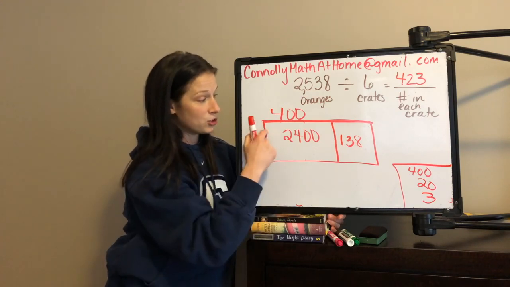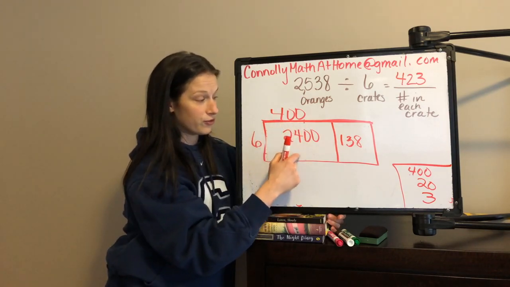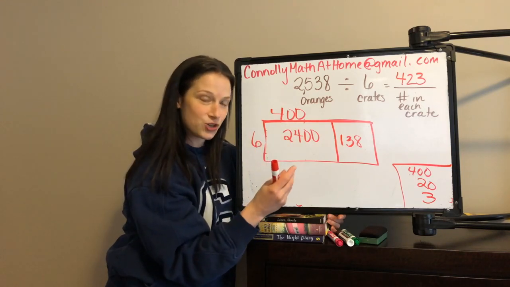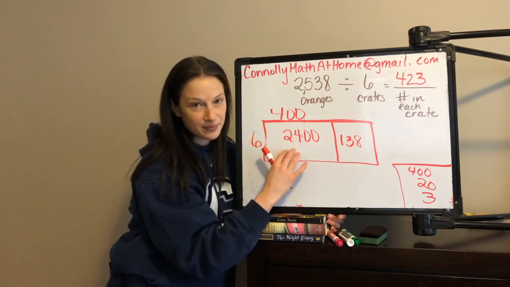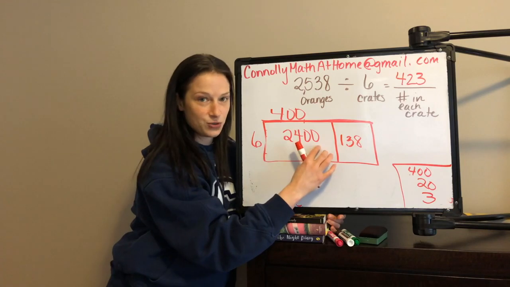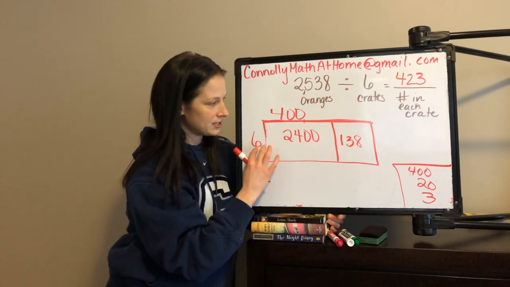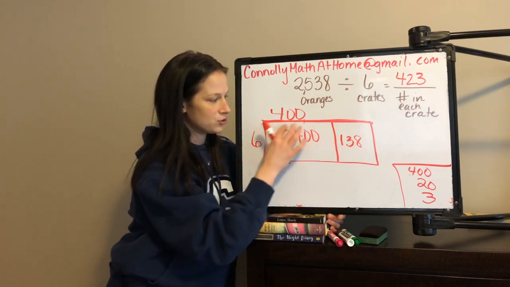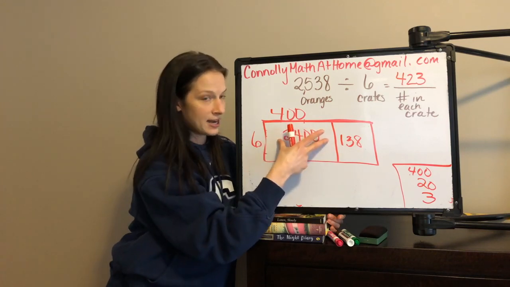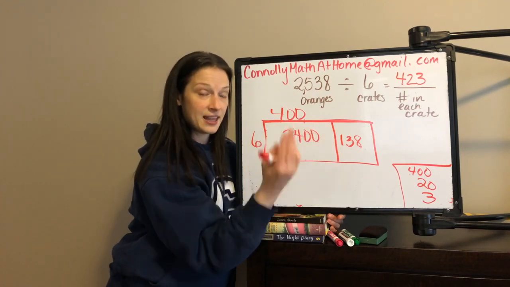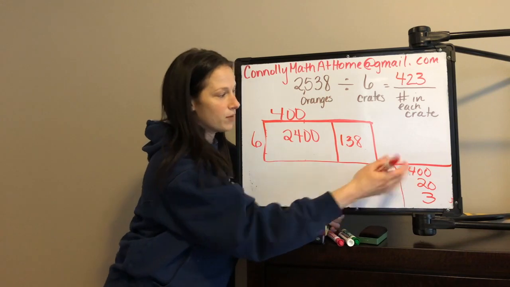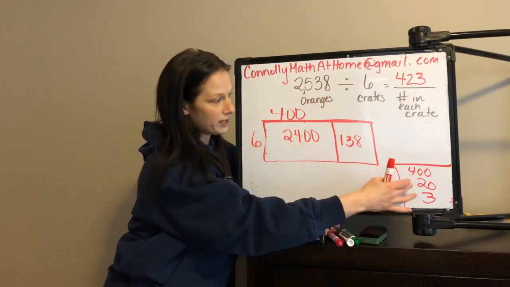Okay, so I showed you that it would be 400, 400, 400, 400, 400, like we were putting 400 oranges in each crate. But the efficient way to show that is to write 2,400 here. So 6 times 400 is 2,400. That's the area of this piece. Then we thought about multiplying 6 times 20.